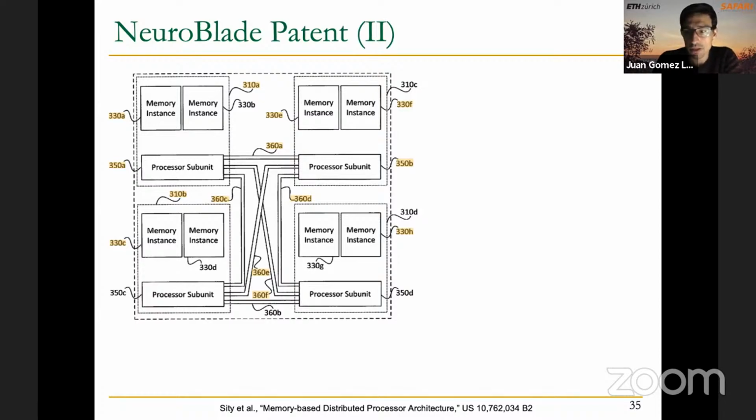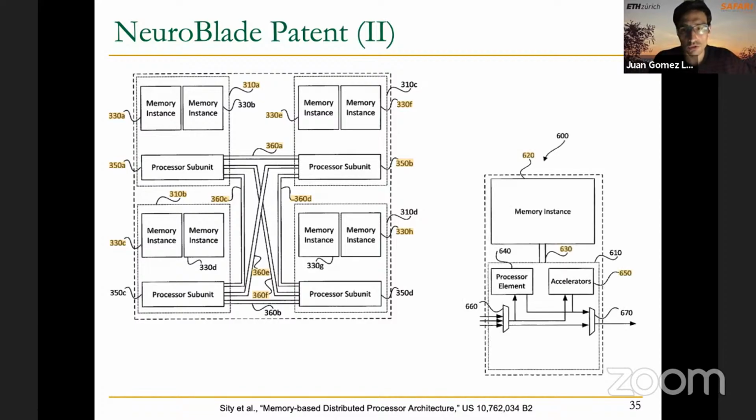And yeah, this kind of interface can for sure be very useful for many important workloads as well. Recall in the UPMEM-based PIM system, for example, the existing overhead for communication across DPUs, because all communication needs to go through the host system, through the host processor. And from another picture from the patent, we can go a little bit deeper and see that near this memory instance, we have the processing element or processor subunit, as it's called here, and here we may have a processor element.